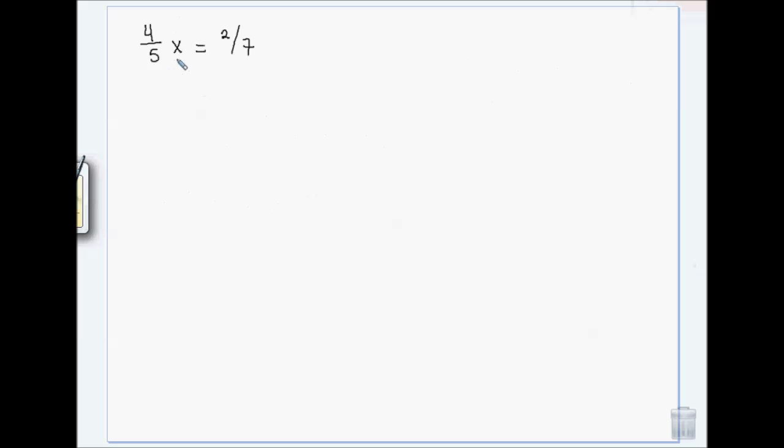Okay, so you have a fraction times a variable equals another fraction. So the first method is to multiply both sides by the reciprocal. So what I'm going to do is, I need to give myself a little bit more space.